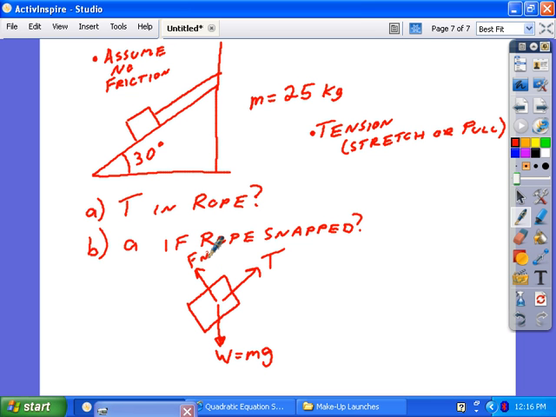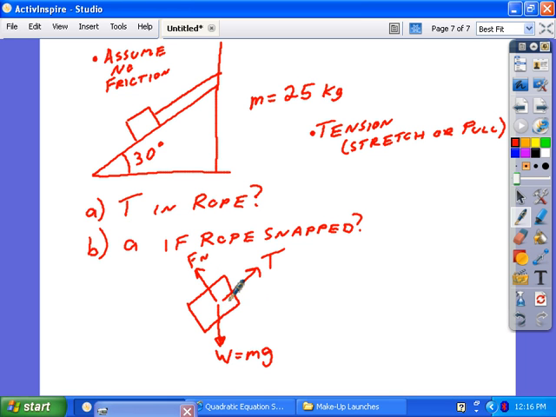Now, there's a couple of different ways of skinning this cat right here. There's not exactly one set way that's better than any others, but this one will definitely work for what you need. Right? What I like to do is rotate the reference frame. Okay? Because right now, I've got one that is acting entirely in the y direction.